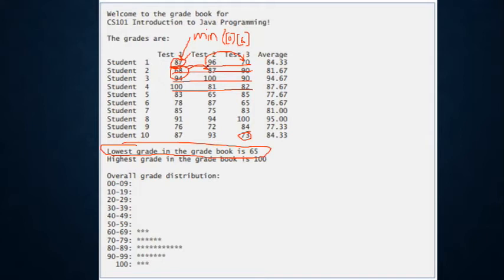True, so it is still the low grade up to this point. Next value: is 68 less than 90? Also true, so 68 is still our low grade. Next, is 68 less than 94? Yes, so it stays, and so on.